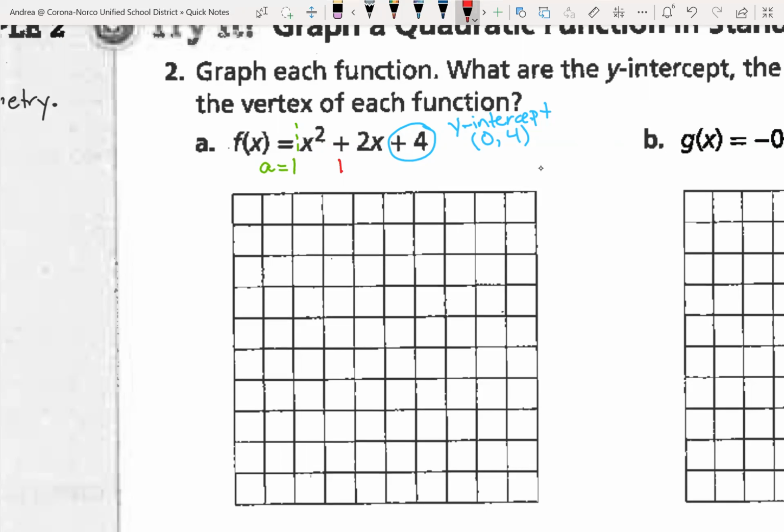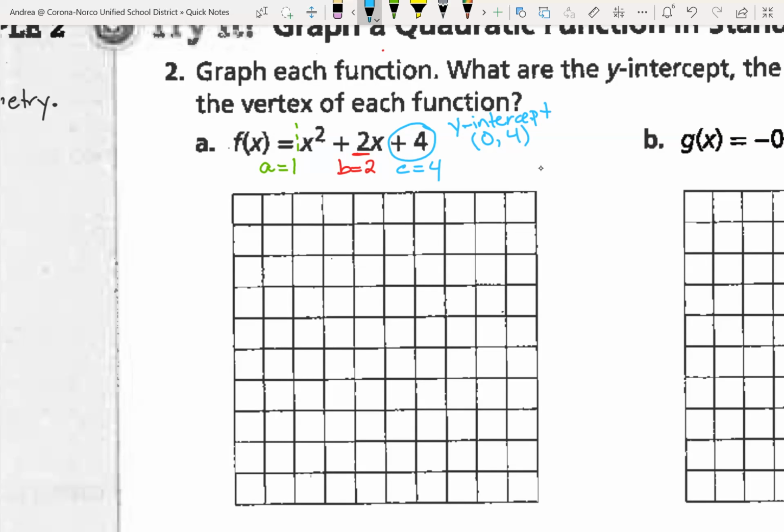The b value is the number by the x, which is 2. The c value we already found. It is the y-intercept, so the c value is 4. Any questions over that? Okay.